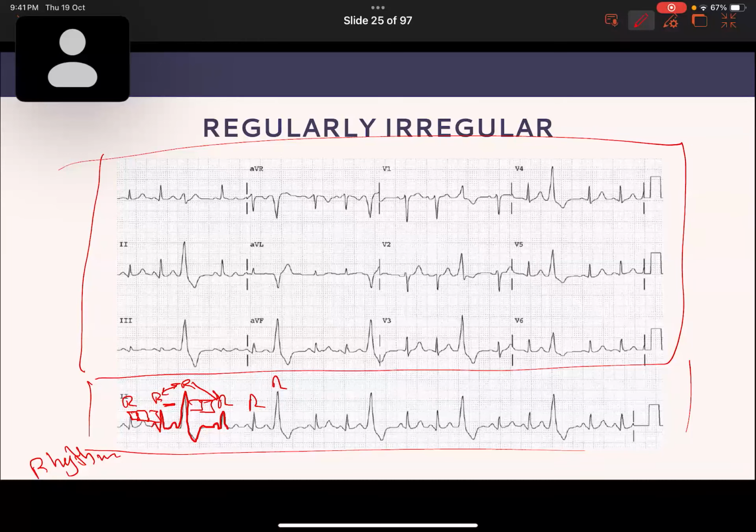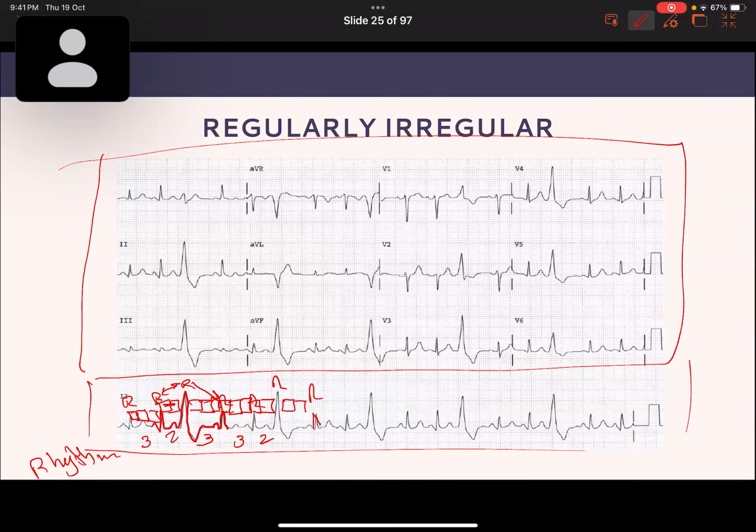If you continue with this, you find out, so we said here it starts with 3 large boxes, and then 2 large boxes, and then again 3 large boxes, and then 3, and then 2 large boxes, and this is another R wave.